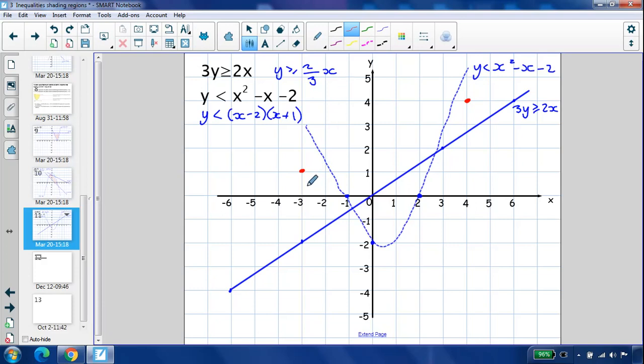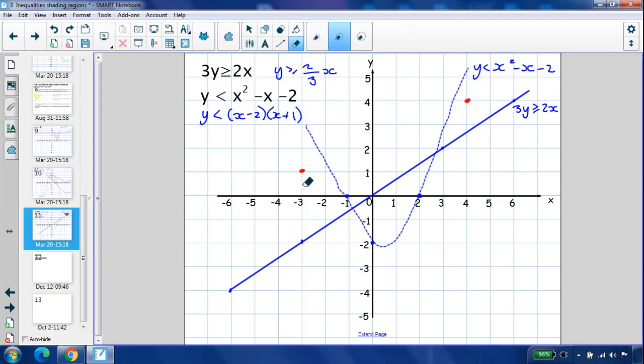And 1 is definitely greater than or equal to minus 2. So that works. And then for this one, I've got minus 3 squared, which is 9, minus minus 3, which is plus 3, and then a minus 2, which is 10. And 10 is definitely greater than 1.